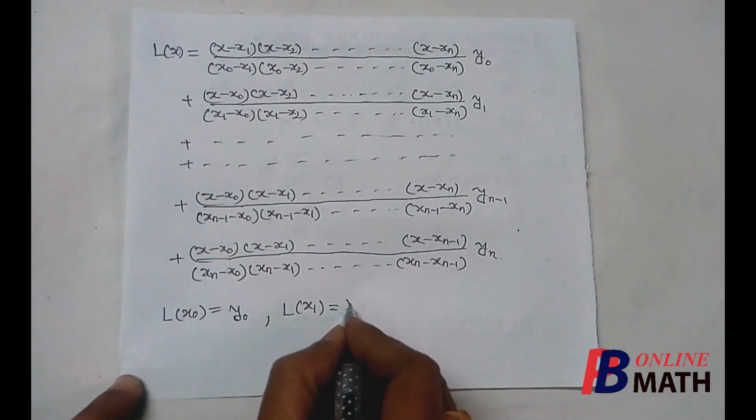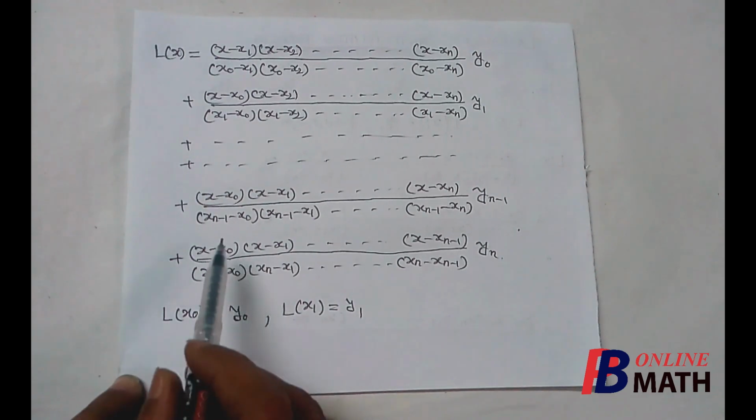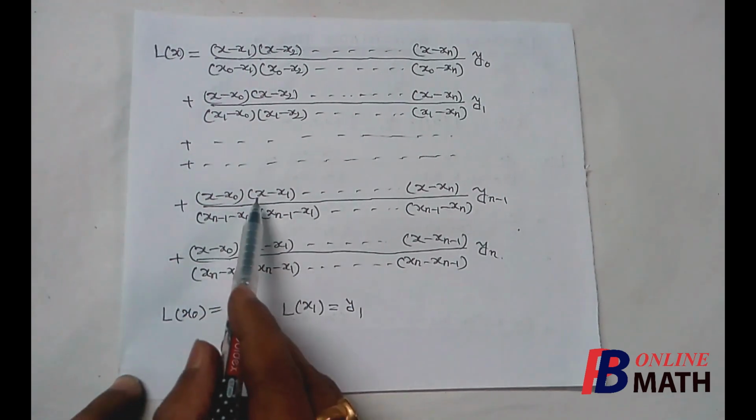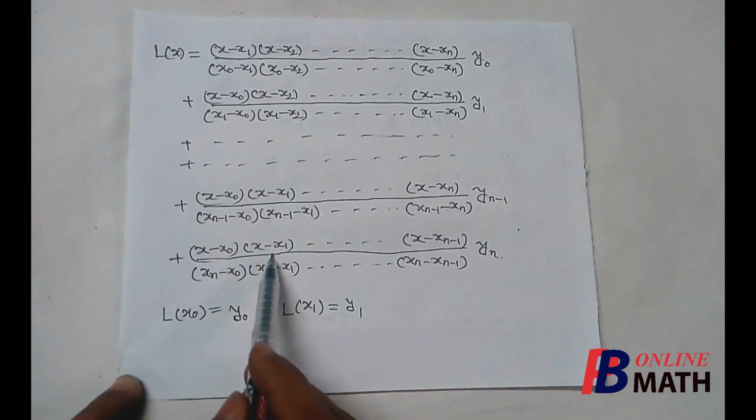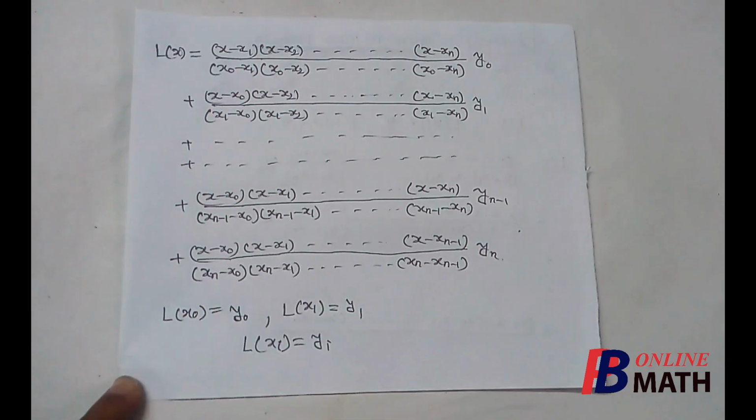So it is y1. And we find that this one is 0 because there is x minus x1, and also this one is 0. So in general, if we replace x equal to xi in the polynomial, then it becomes yi. So therefore this polynomial satisfies all the n plus 1 number of conditions. So this is the required Lagrange interpolating polynomial.